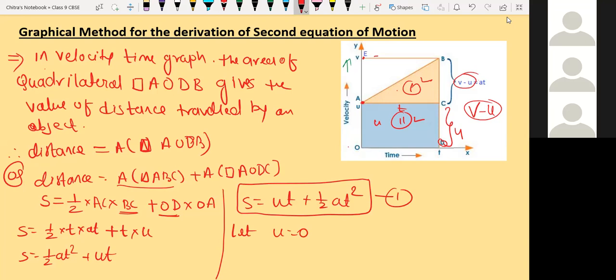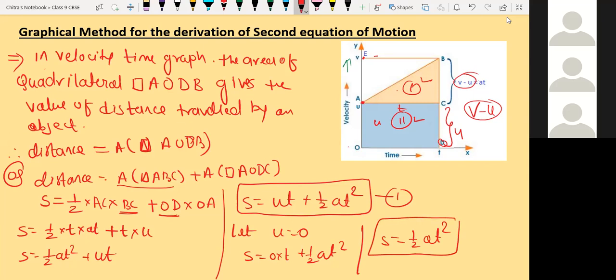Then the second equation of motion becomes s equals 0 into t plus half of at square. So 0 into t means 0. Therefore, s equals half of at square.